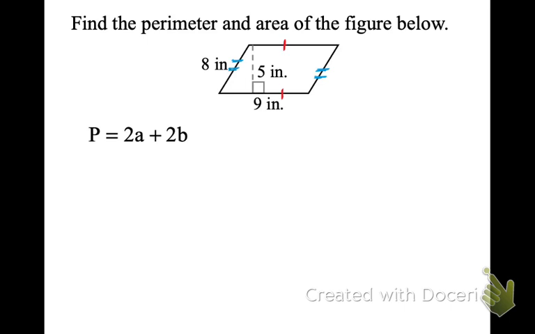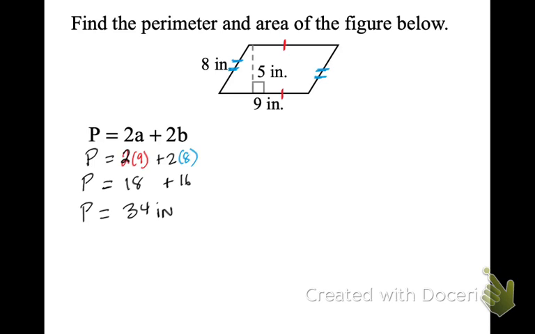So we are doing 2 times 9, plus 2 times 8. Perimeter is equal to 2 times 9 plus 2 times 8. And now what we have is 18 plus 16. So our perimeter is 34 inches, and it's perimeter, so it's to the first power.